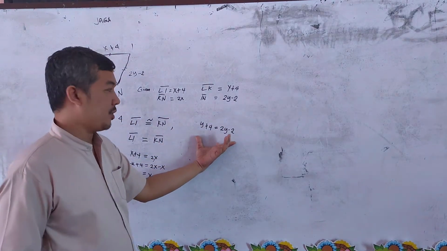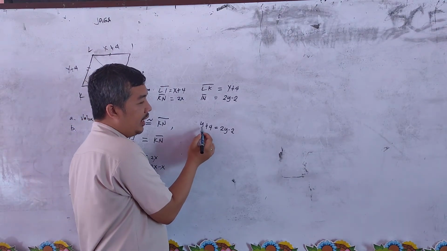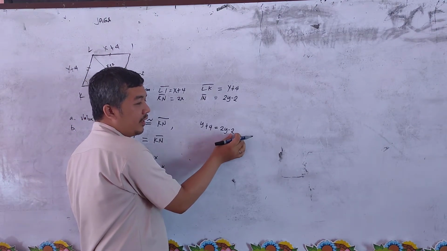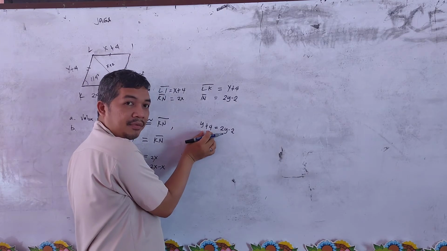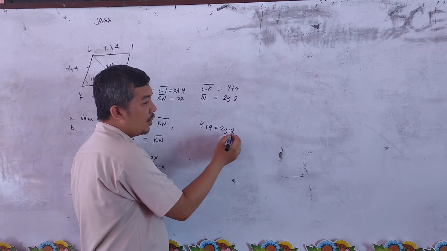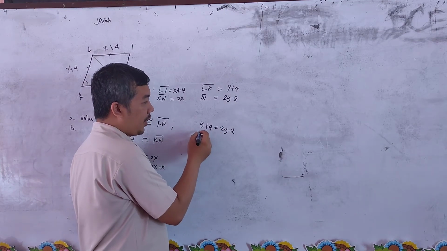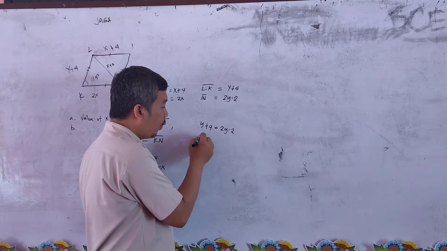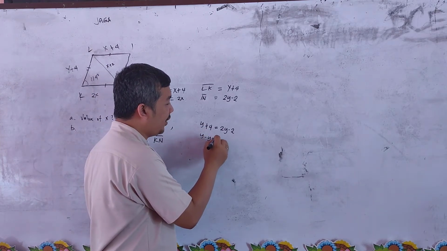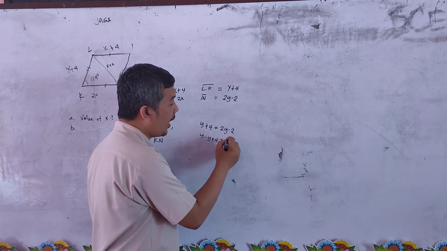Ganun pa rin ang process. Isasama natin si y dito. Si 2 naman, isasama natin kay 4. Okay, so unahin natin si y. y minus y plus 4 is equals to 2y minus y minus 2.